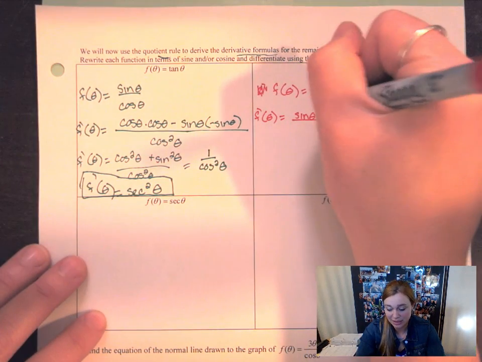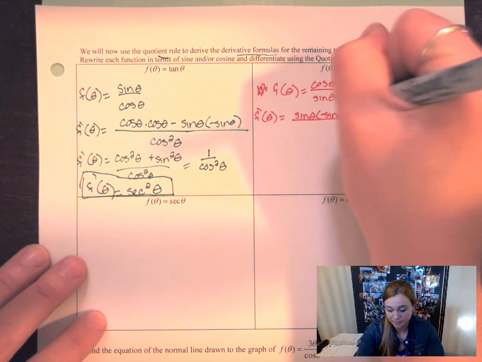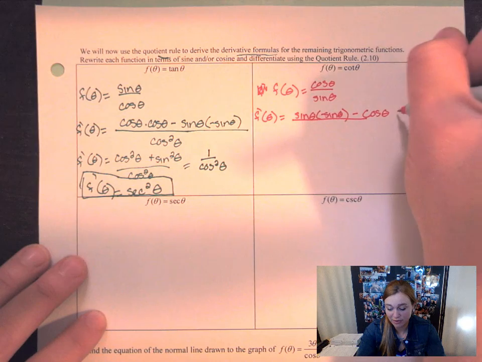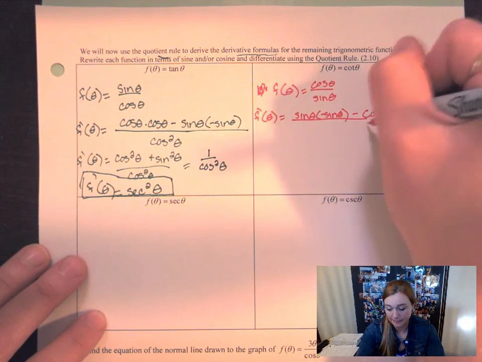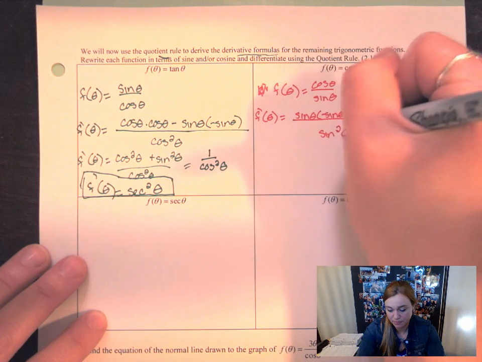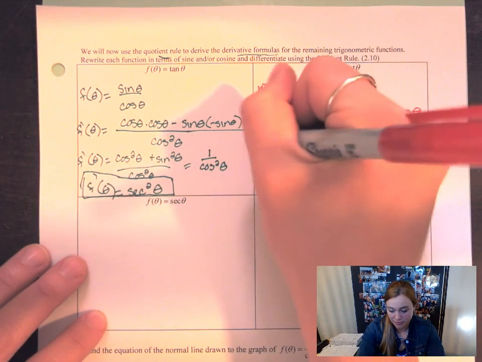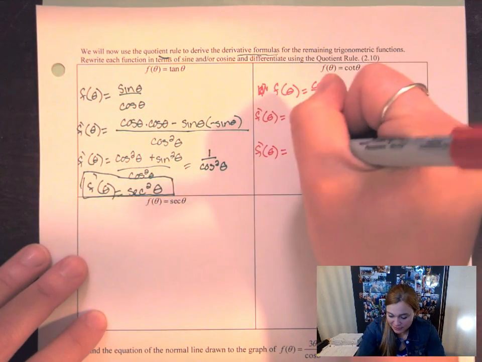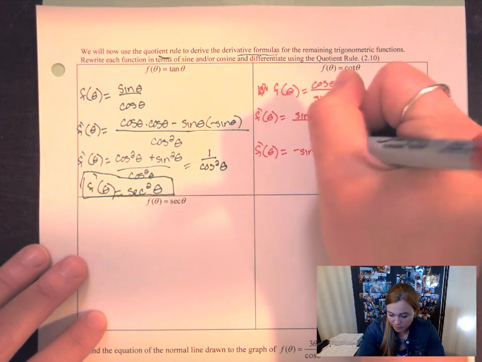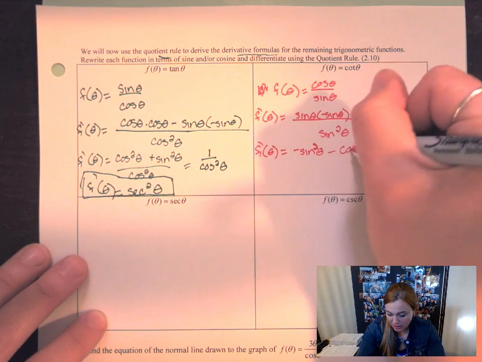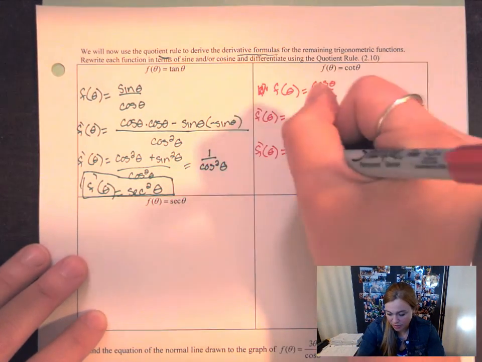The derivative of cosine is negative sine. Minus the top times the derivative of the bottom, which is cosine of theta, over the bottom squared. This one, I'm going to have negative sine of theta, but squared, everything, minus cosine squared of theta over sine squared.